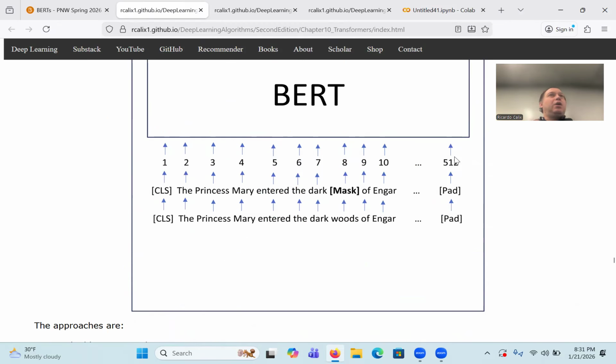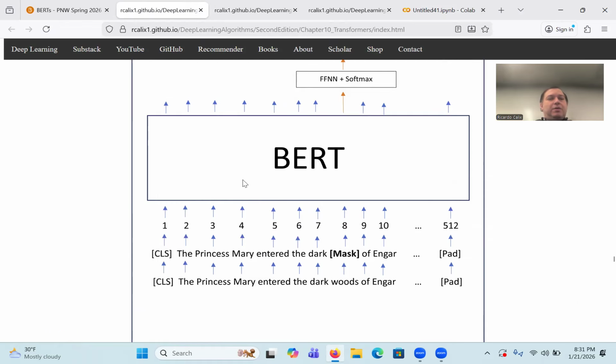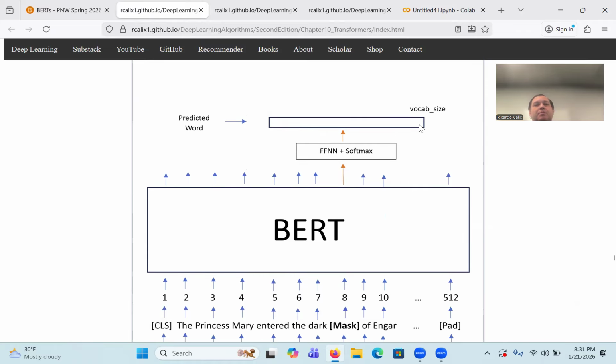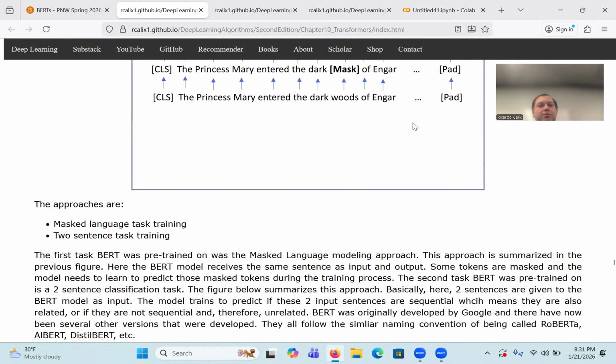The size is 512 for this sequence. We mask one of the words. Remember that this is converted into embeddings inside. Finally, this embedding comes out, but we can add any feed-forward layer, e.g., a linear layer, and then produce a probability distribution over the vocabulary to predict the word. That's the same thing I said before, in a little more detail.